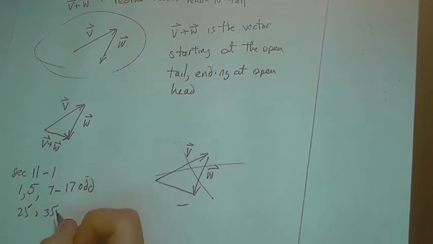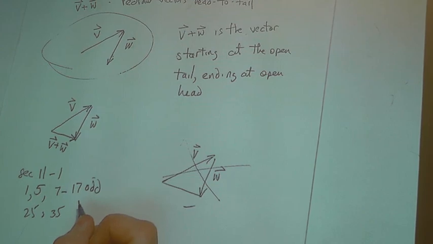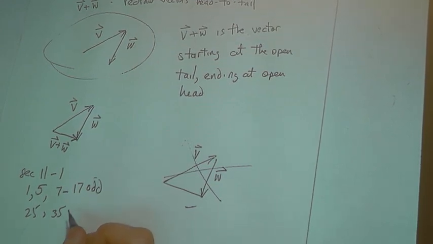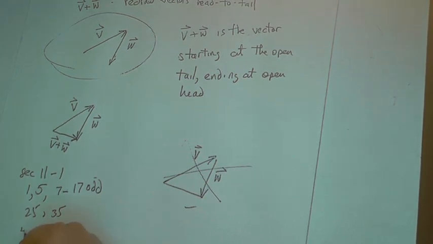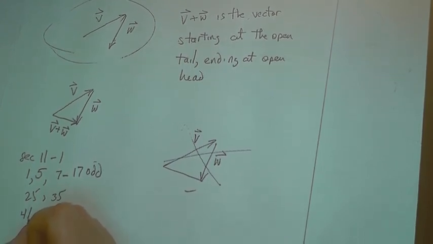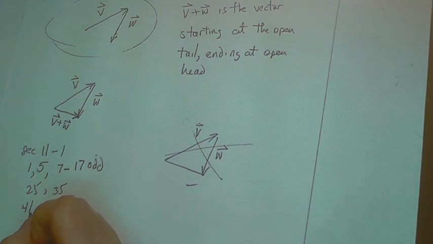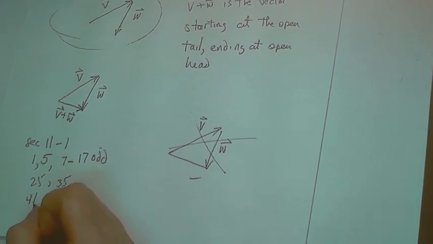They don't give you an orientation. It's a circle, but there's no orientation. 41. That should be enough, I think.